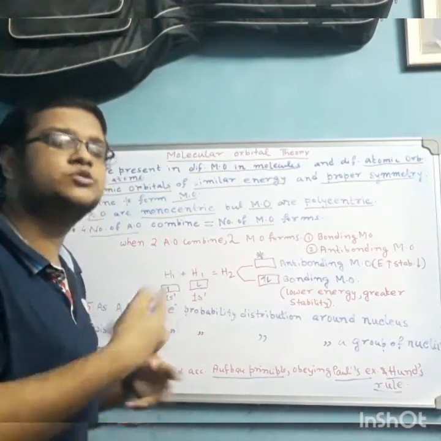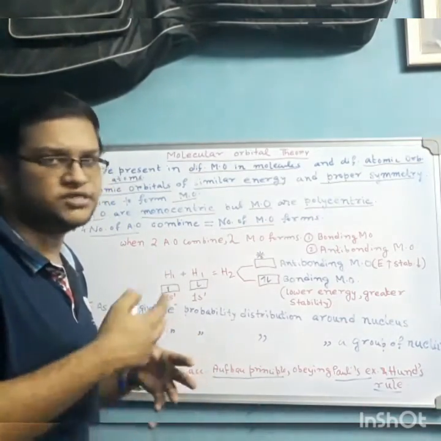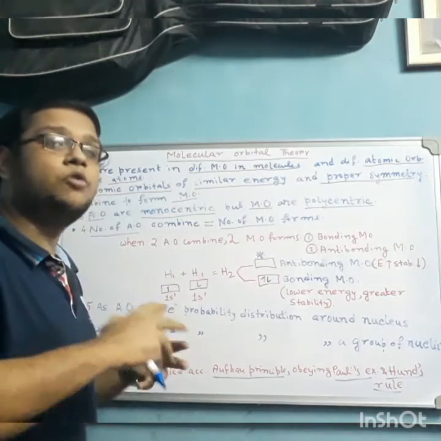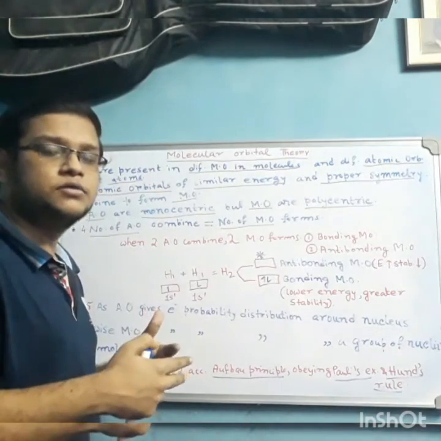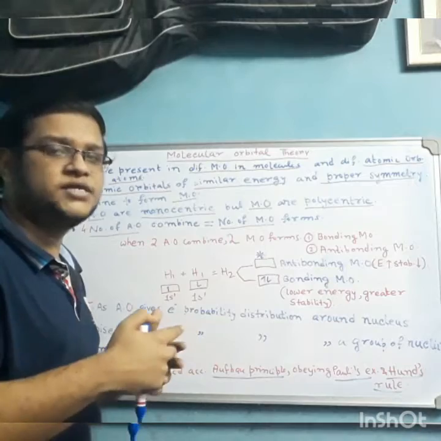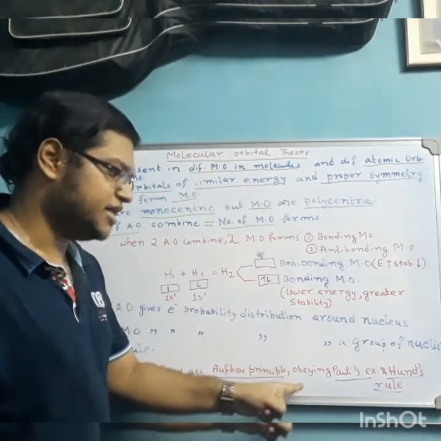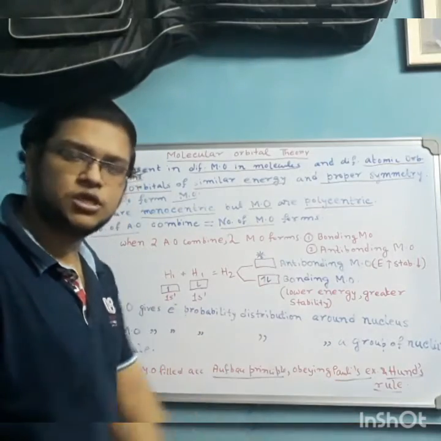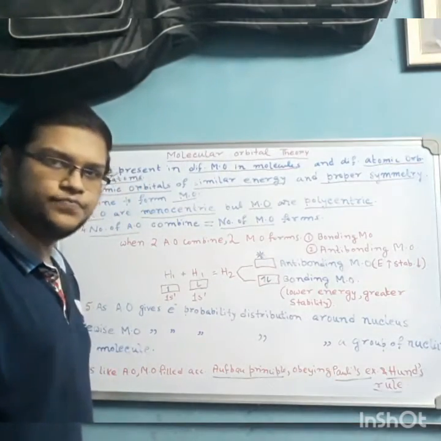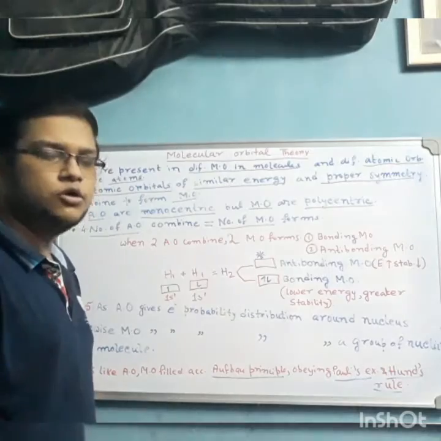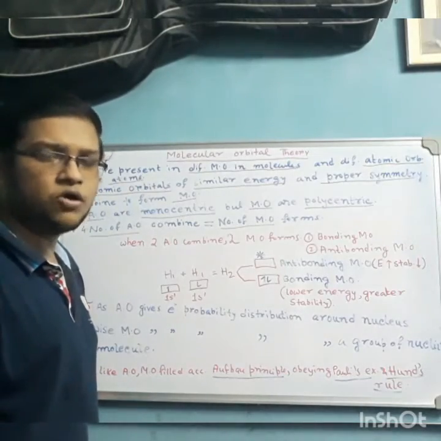That means the orbitals present inside the molecule are known as molecular orbitals, and the filling of molecular orbitals by electrons will follow the above principle and obey Pauli's exclusion rule and Hund's rule. In the next video, we will learn how molecular orbitals form.